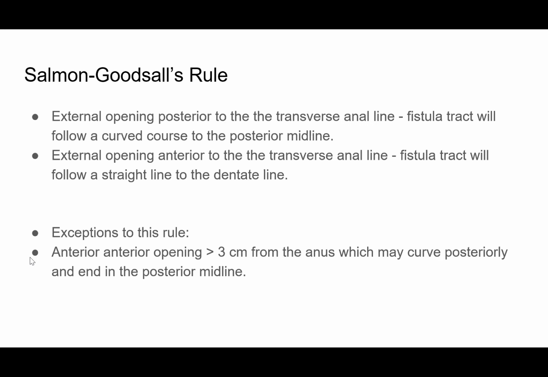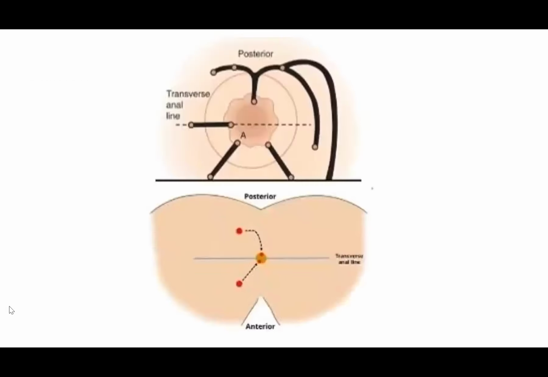Exceptions to these rules are anterior anal openings that are greater than 3 cm, which may curve posteriorly and end in the posterior midline. Next, this diagram shows the explanation of Salmon-Goodsall's rule. Using a transverse anal line, for external openings that are anterior to the transverse anal line, the fistulous tract follows a straight course to the midline.